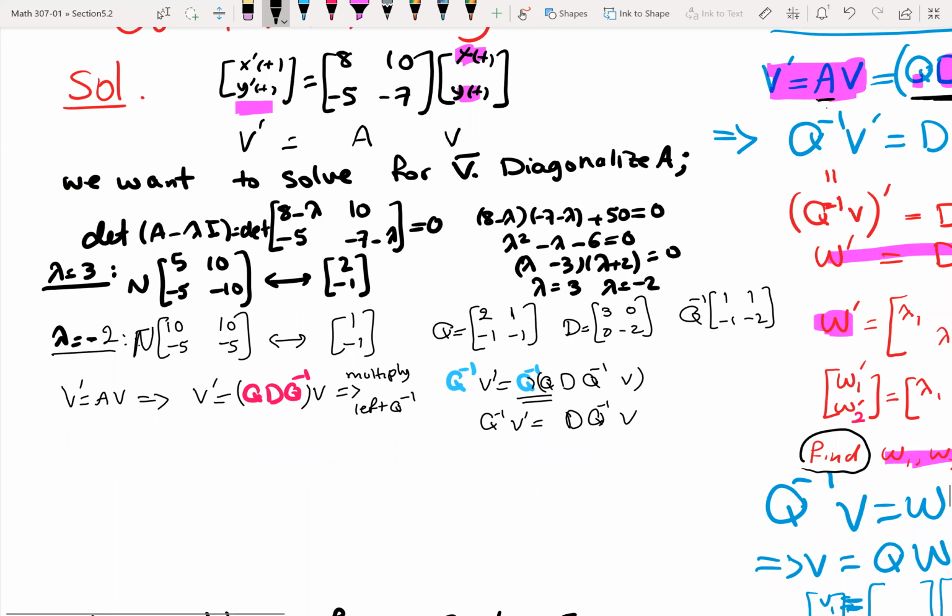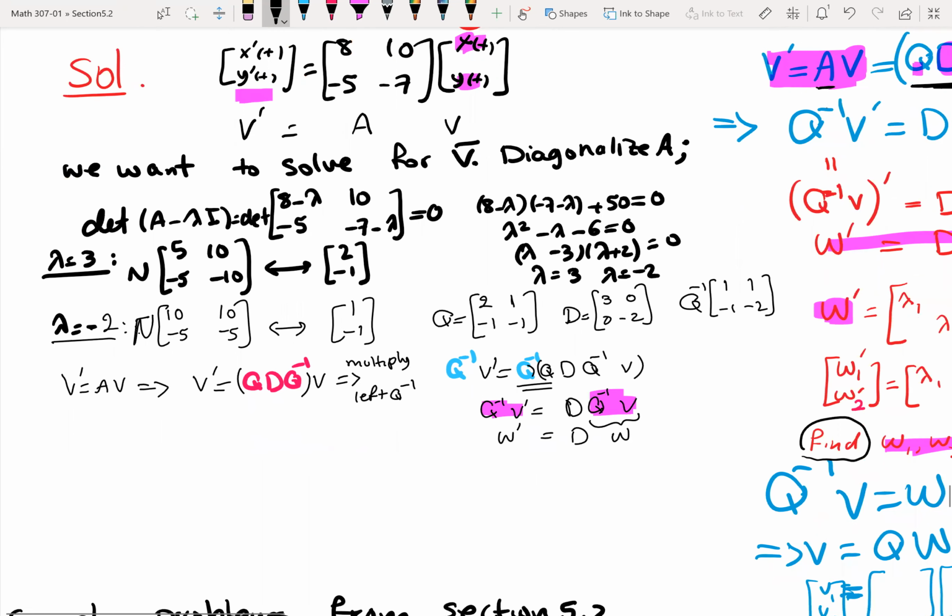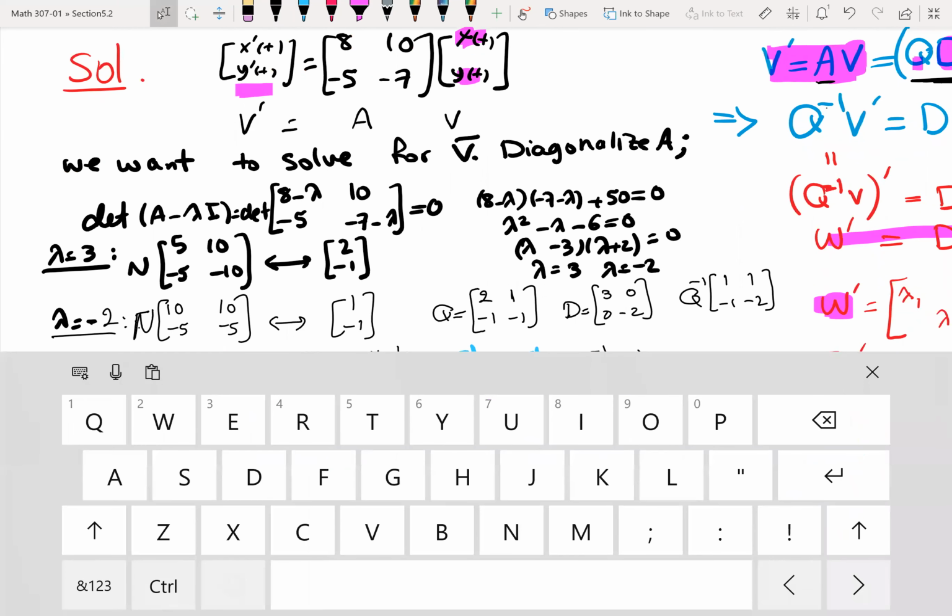And the process that we have had was to call Q inverse V to be W. So Q inverse V prime is called W prime. Right, so that's just what it is, and that's what lets us solve it more easily.